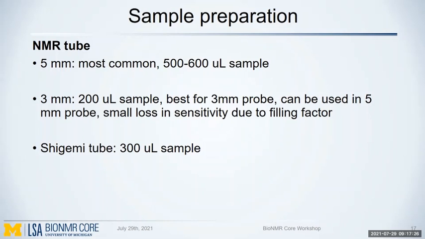But for those 3 millimeter tubes, keep in mind that they are designed for a 3 millimeter probe. So even though they can be used on our 5 millimeter probe, you can suffer a small loss in sensitivity due to filling factor. For those kinds of samples, I actually recommend Shigemi tubes. They can hold 300 microliters of sample, and they can still get very good shimming, and you will not have any loss in sensitivity.